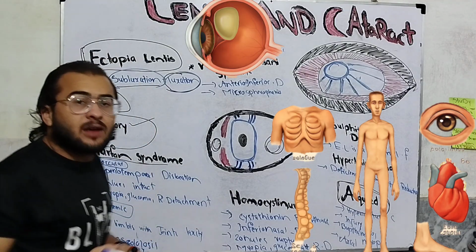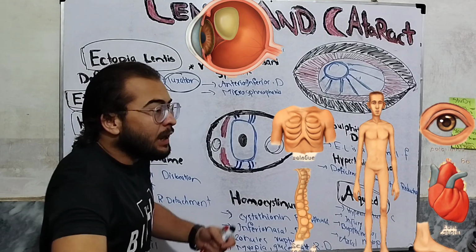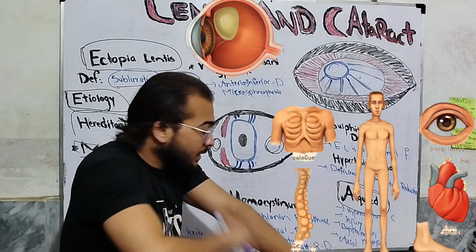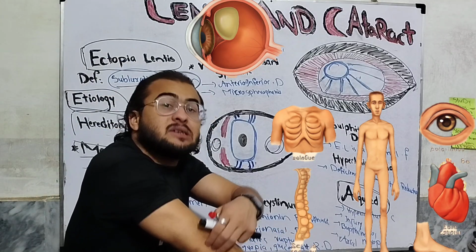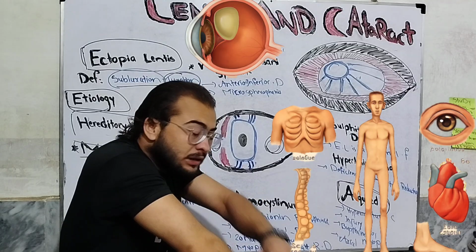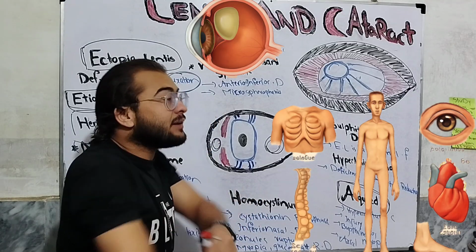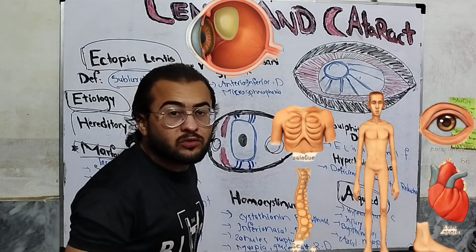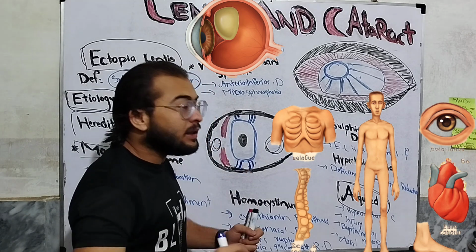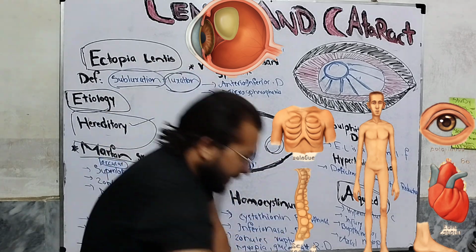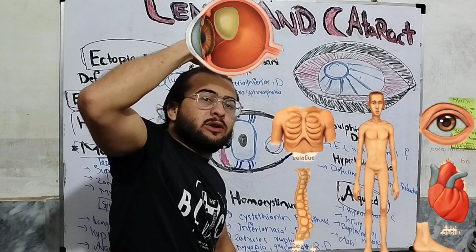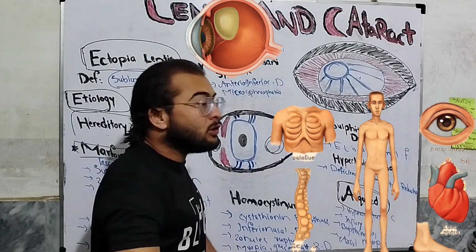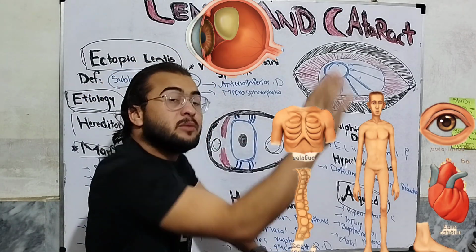The systemic features in Marfan syndrome: we have long limbs, and the joints are lax. So long limbs with lax joints, and there will be kyphoscoliosis. Kyphosis means the spine is deviated upward like this. Scoliosis means the spine is deviated sidewise.